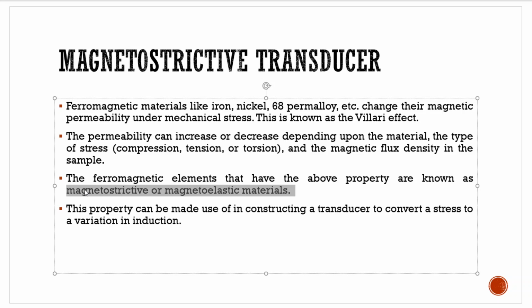That voltage, proportional to the change in inductance and to the change in permeability owing to the stress applied on these materials, will give us a measure of the stress being applied. So magnetostrictive transducers in short help us measure stress due to the property of these materials of changing permeability.